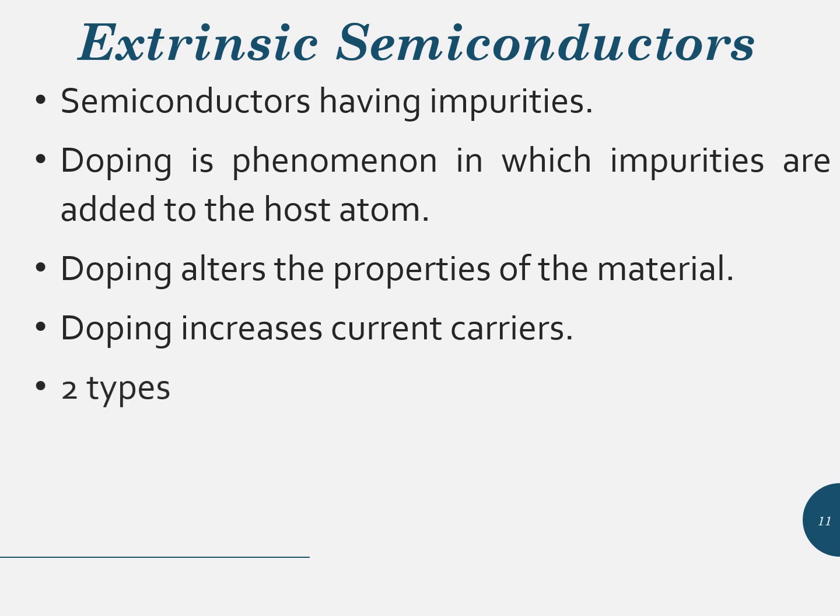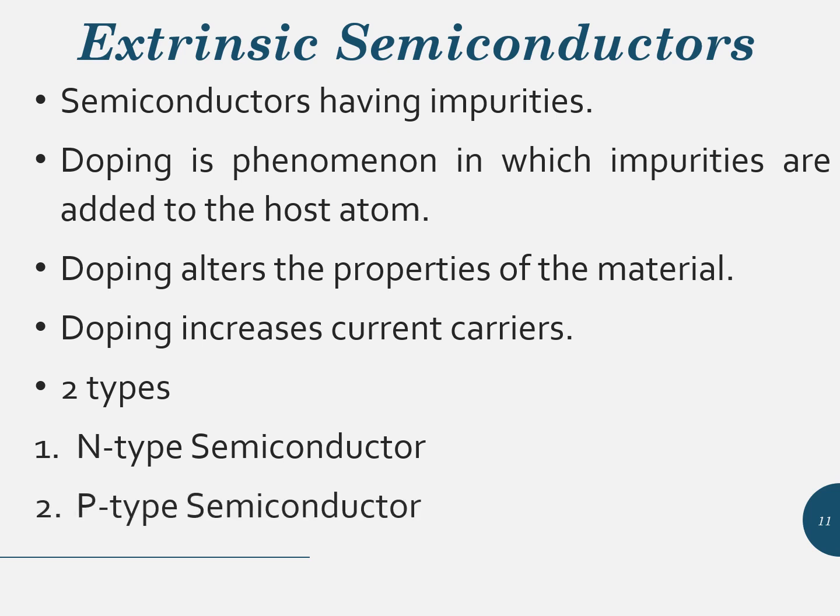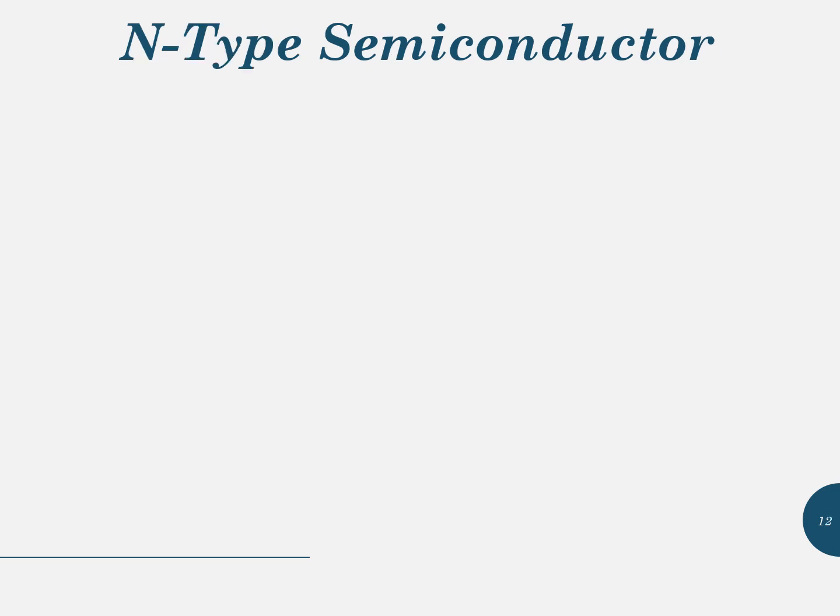An extrinsic semiconductor can be further classified into two types. First is N-type semiconductor and second is P-type semiconductor. Now we will talk about N-type semiconductor.